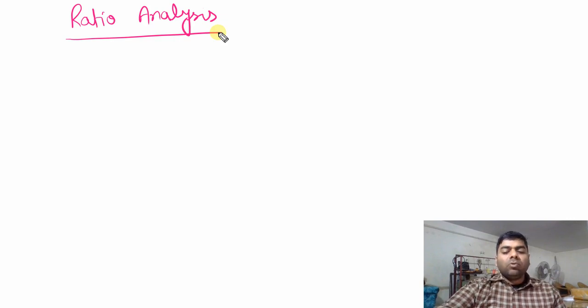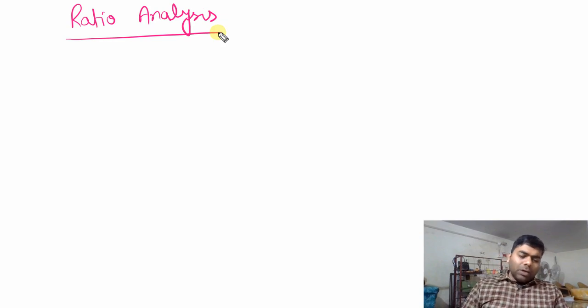So without wasting our time, I am going to tell you a few important topics. Students, if you have studied this chapter, all of you know that there are four kinds of ratio given in your book.